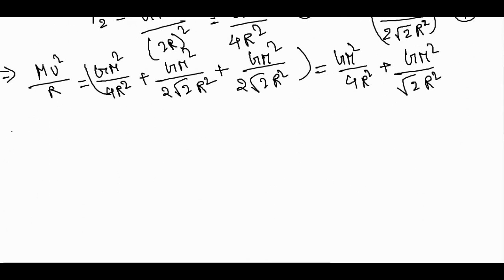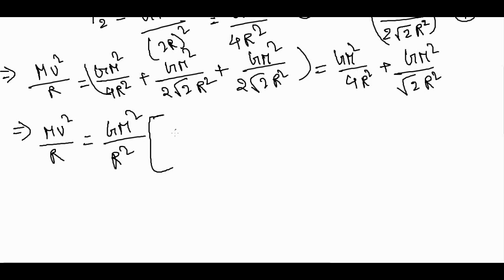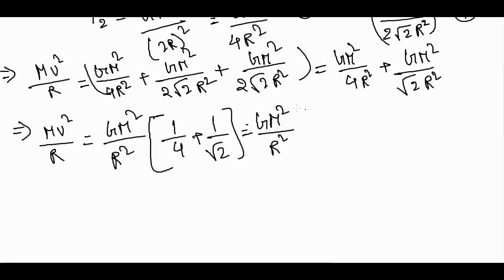So m v square by r is equal to this. I have to do a little bit of simplification. G m square by r square times 1 by 4 plus 1 by root 2, which is equal to G m square by r square.